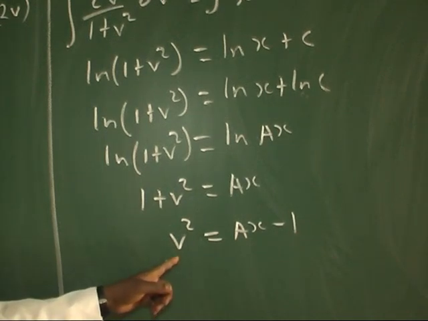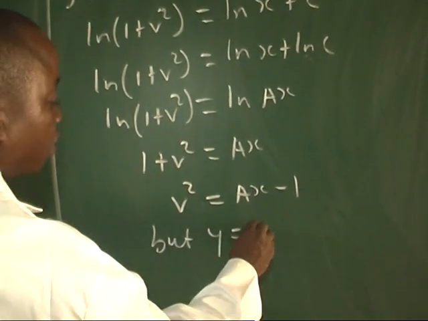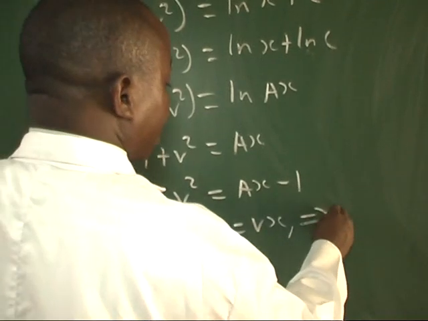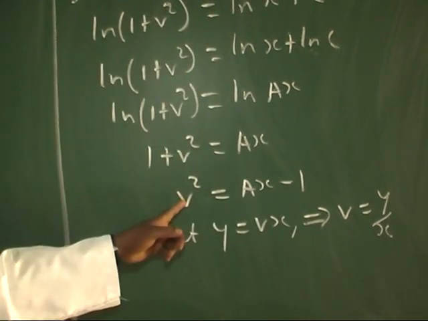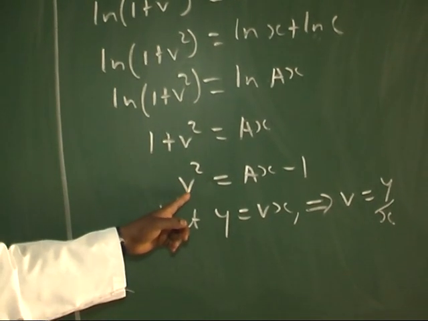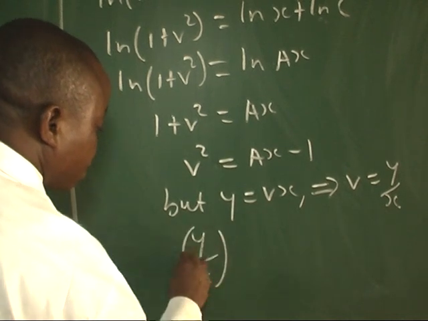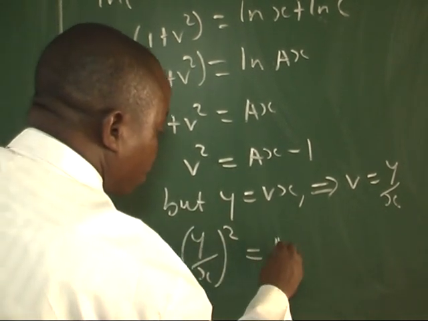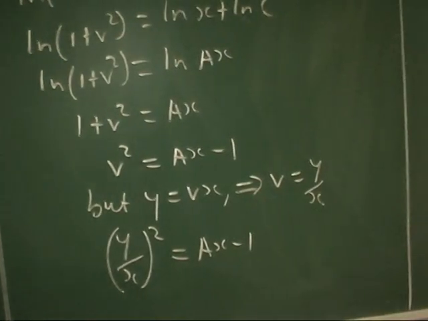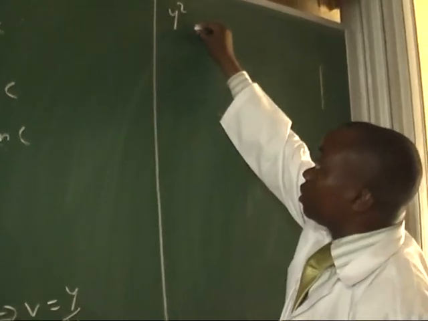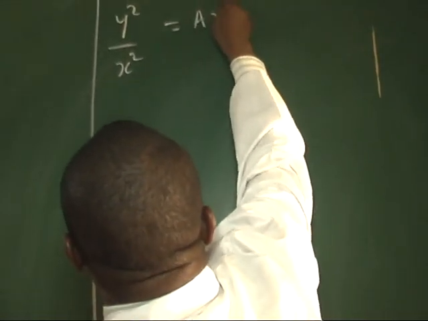But y is equal to vx, which implies that v will be equal to y all over x. That's what it means. So we'll now substitute that here because we don't need v. What we are solving for is y. So we now have y all over x, in place of v, squared, is equal to ax minus 1, which will further have that y squared all over x squared is the same as ax minus 1.